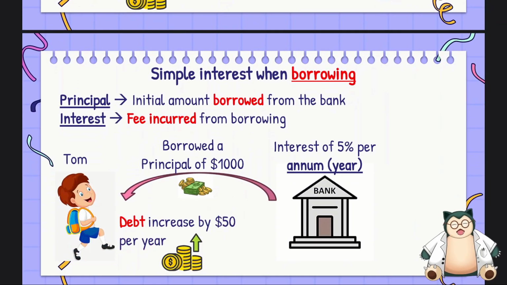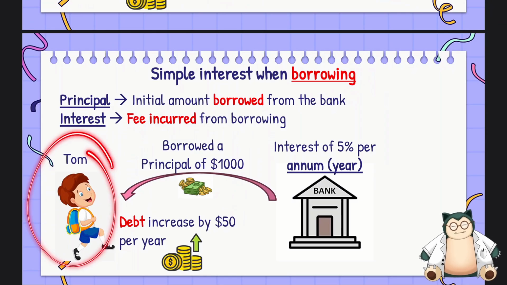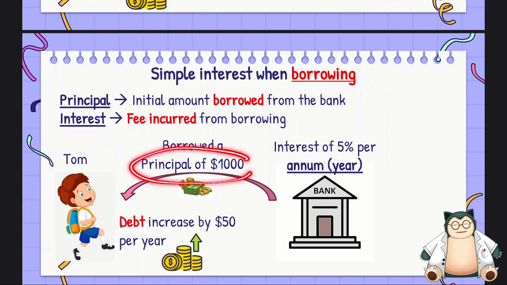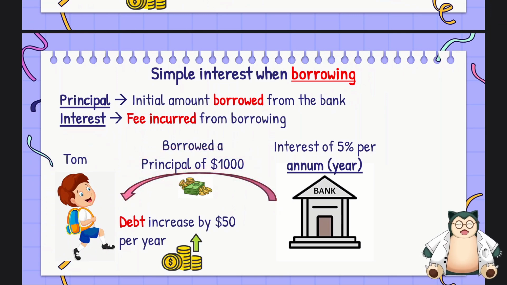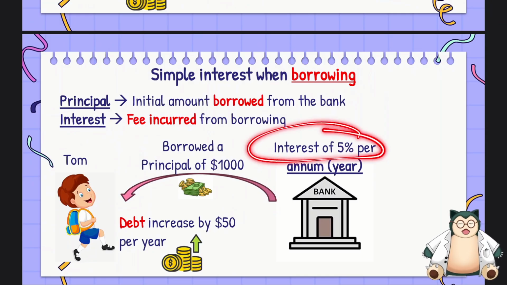However, in the context of borrowing, it is not so simple. Let's say, Tom, you want to borrow a principal amount of $1,000 to buy a bicycle. After you borrow it, the bank will charge you interest, which is the fee incurred from borrowing. Banks are very smart because they want to earn money, so they will charge you a higher interest rate per annum for borrowing compared to when you deposit money with them.